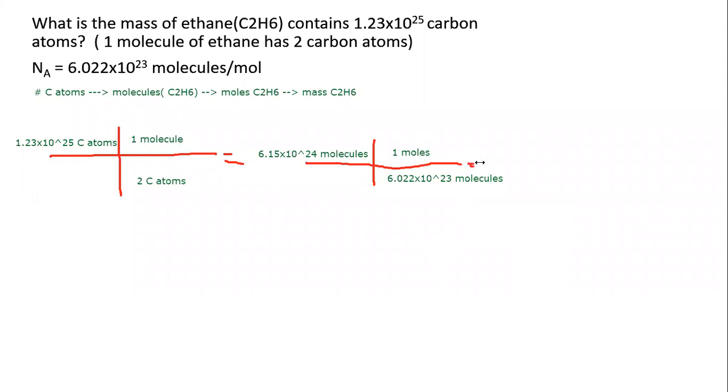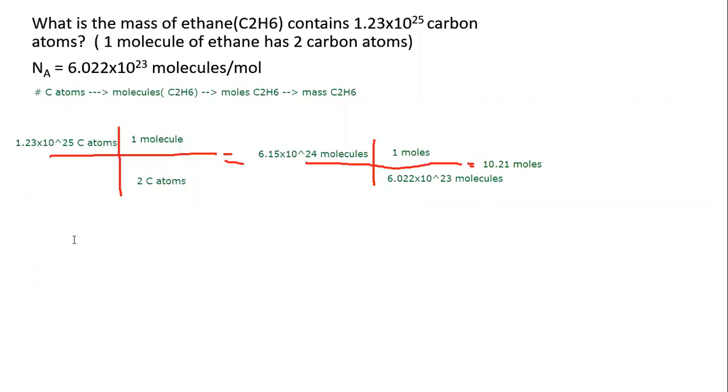Again, when you do this, make sure you use parentheses. And we get 10.21 moles. Again, notice that the exponent on top is bigger than the exponent on the bottom, so our answer should be larger than 1, which it is.